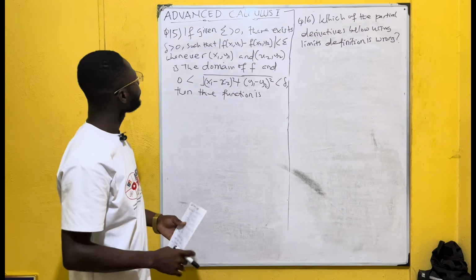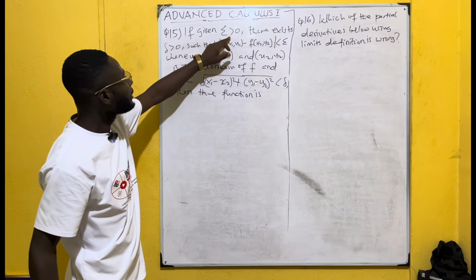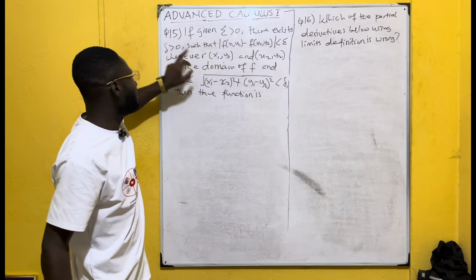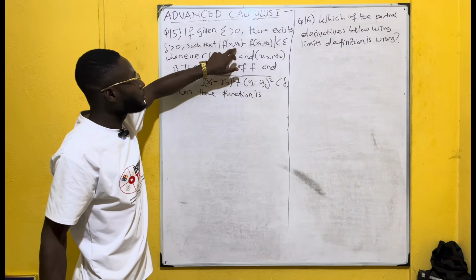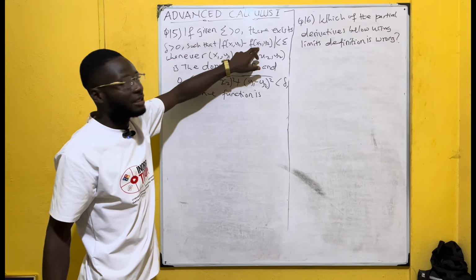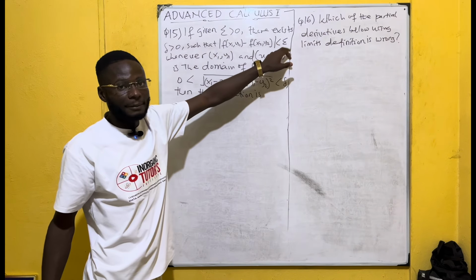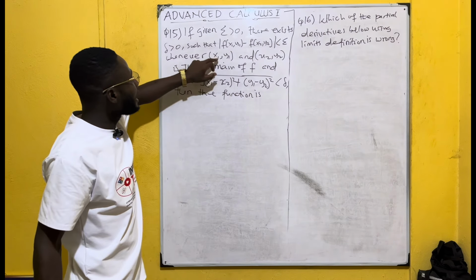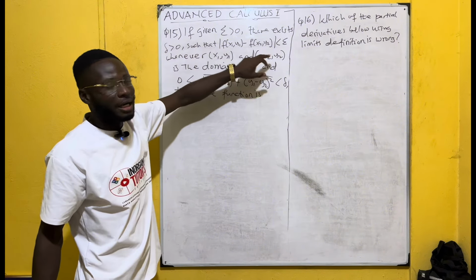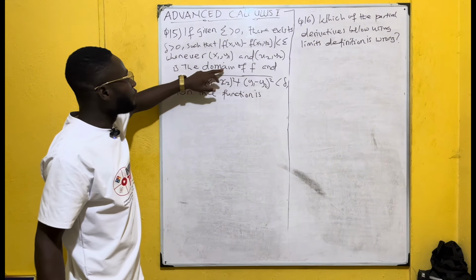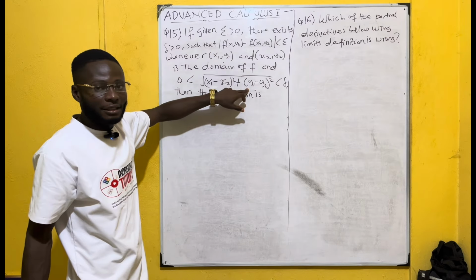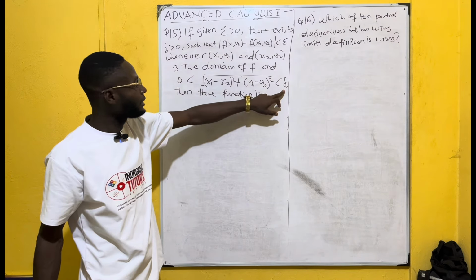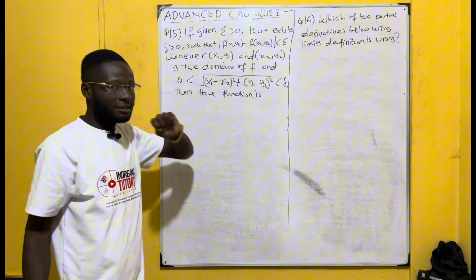So, given epsilon greater than 0, there is a delta greater than 0 such that |f(x1, y1) minus f(x2, y2)| is less than epsilon, whenever (x1, y1) and (x2, y2) are in the domain of f and the distance condition is less than delta, then the function is.